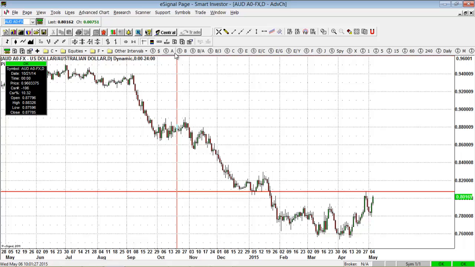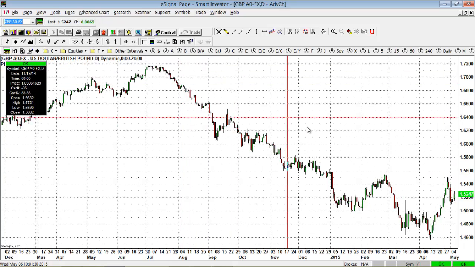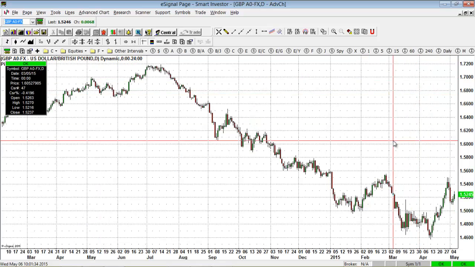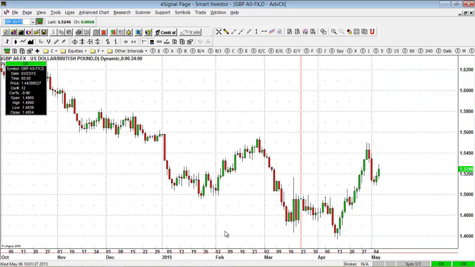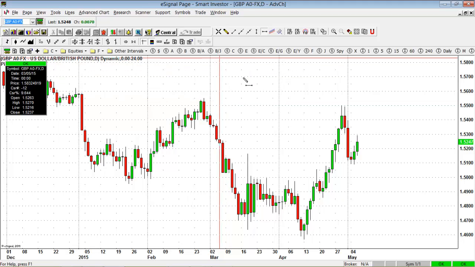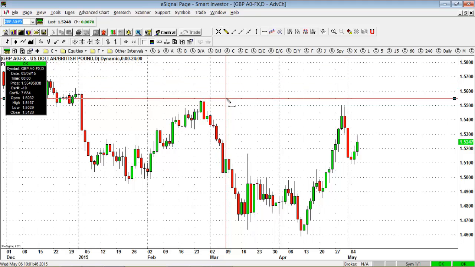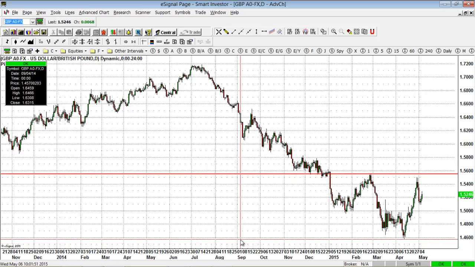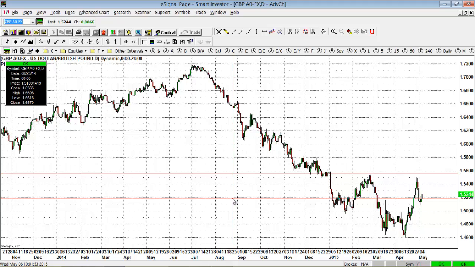Looking at the British pound, it's rallying, not as strongly as the Australian dollar this morning, but the resistance on the pound is also at the 155.52 level. Now, I rarely speak about fundamental news because I believe that the fundamental news may shake the market, but it doesn't affect the longer term trends.